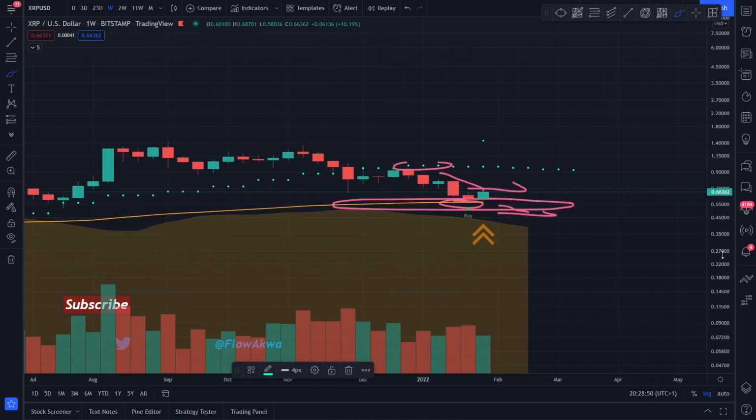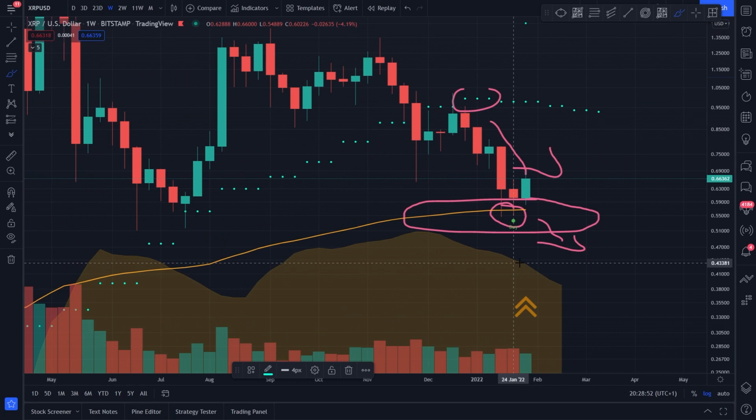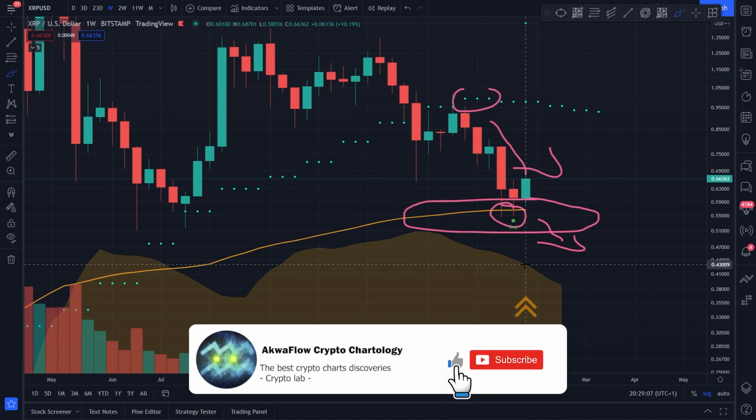So we know that if we go down, this would be a very good opportunity before having a huge move to the upside. And right now, this indicator is around 0.43, and next week it will be around 0.41.